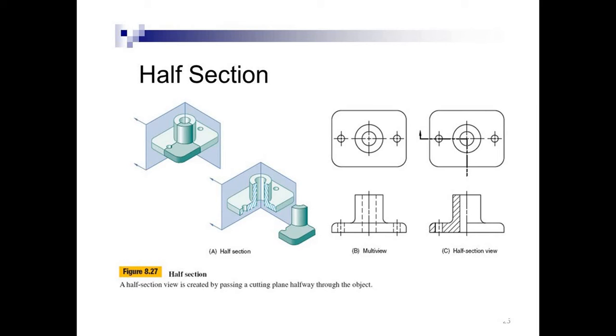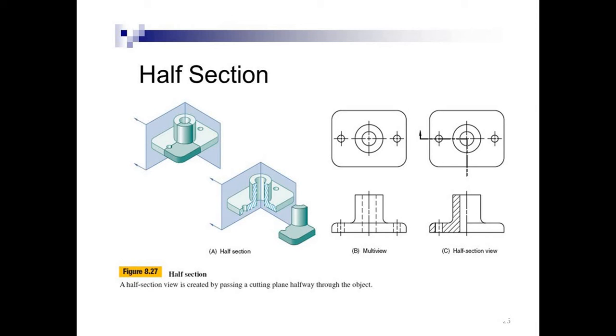In the multi-view, when we look from the front side, or from the left side if it is symmetrical, the two holes and the inside hole are invisible, so they are shown by dotted lines. But in the half section view, section XX, as shown in the figure, is taken when it is cut by section XX.